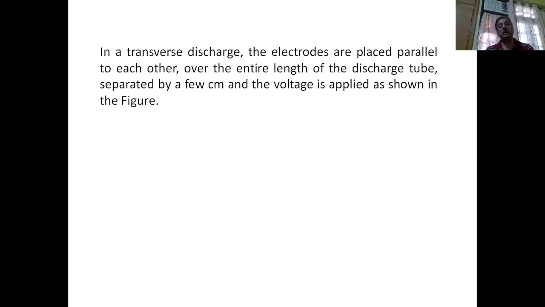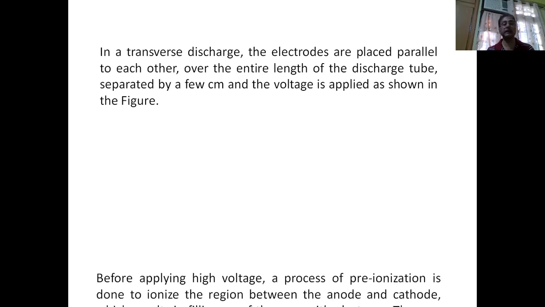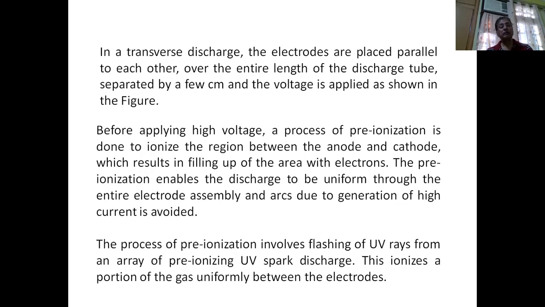In a transverse discharge, whereas, the electrodes are placed parallel to each other over the entire length of the discharge tube, separated by a few centimeters, and the voltage is applied as we had seen in the figure. Before applying high voltage, a process of pre-ionization is done to ionize the region between the anode and the cathode. This results in filling up of the area with electrons.